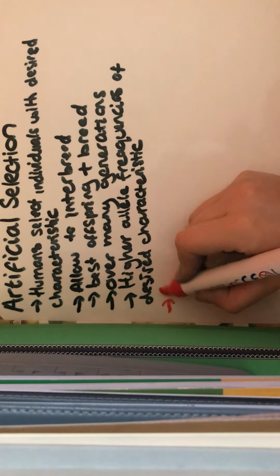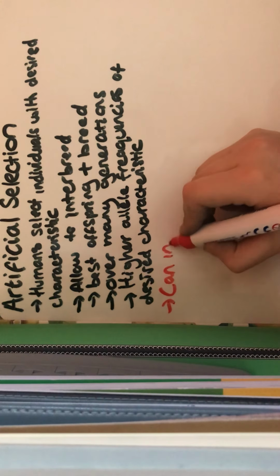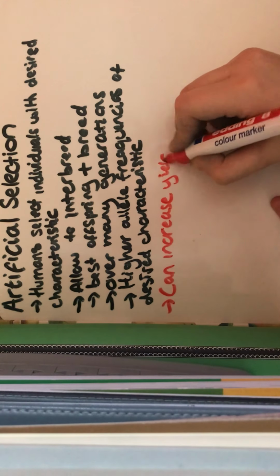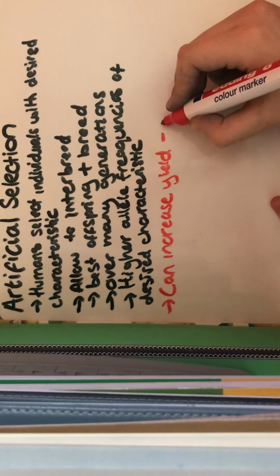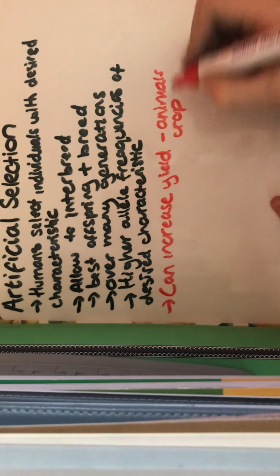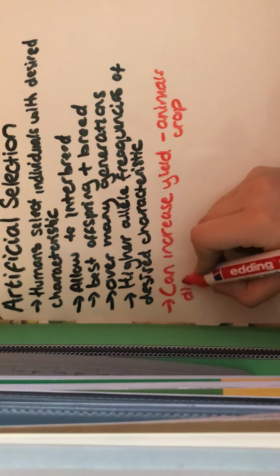And it has quite a few different uses. So like we said, it can increase yield, so it can be used in farm animals. It can be used for crops, so we could have disease resistance.